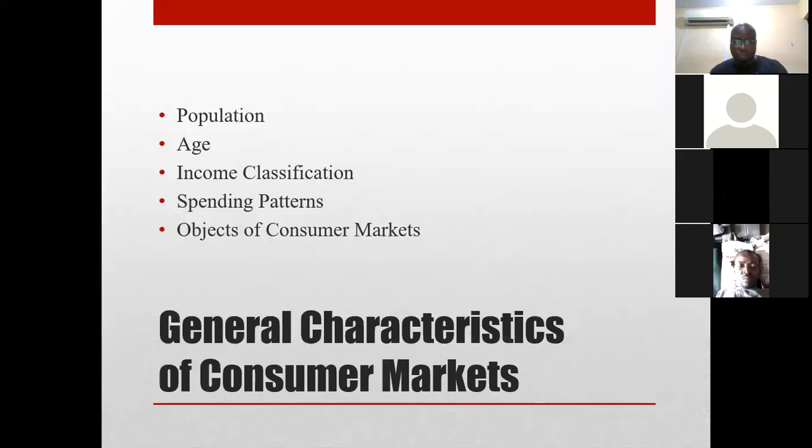We also have spending patterns, because somebody might be earning 1 million and only be spending 50,000 a month, but another person can be earning 50,000 and be spending 100,000 a month. Yes, we have people like that living in continuous debt. So spending patterns can also be used. And the last one is objects of consumer markets. We'll learn more about that as we go through the study session.